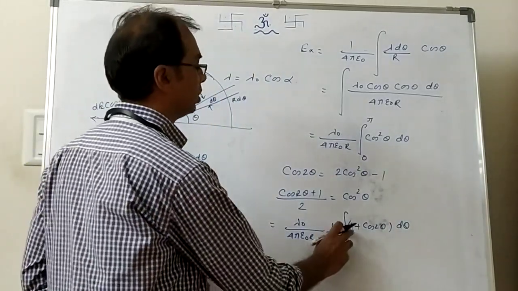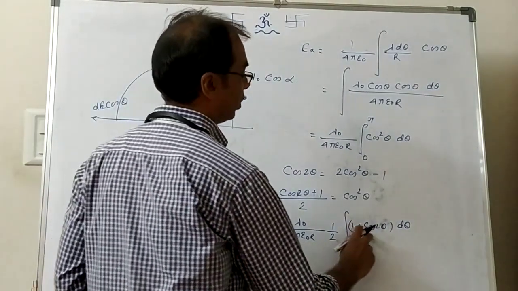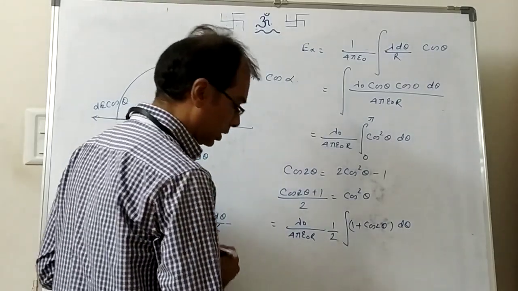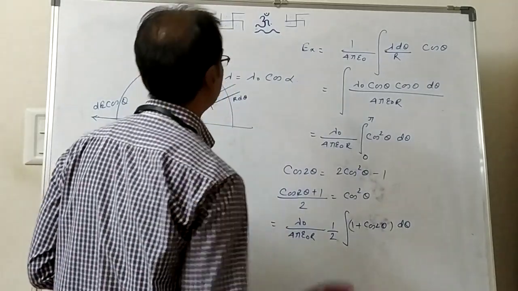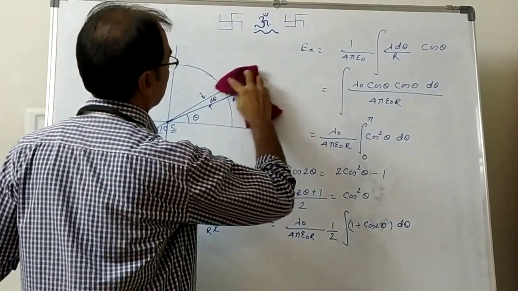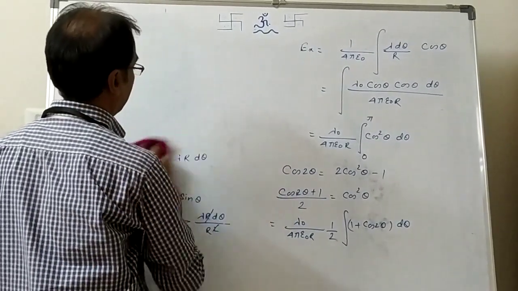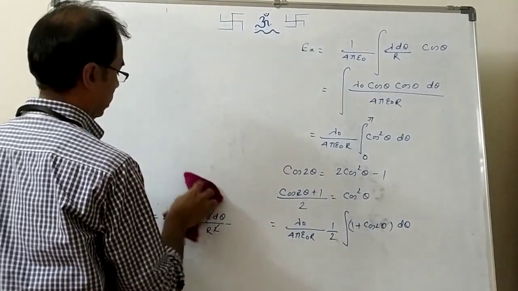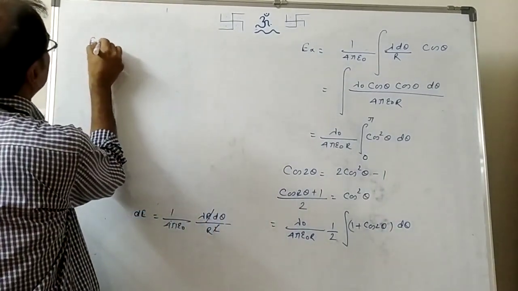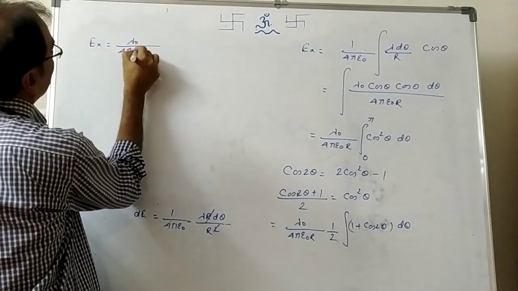Okay, the integration of 1 d theta will be theta only. And integration of cos 2 theta is sin 2 theta by 2. Let's do it here. So E along x-axis is lambda naught by 4 pi epsilon naught r.